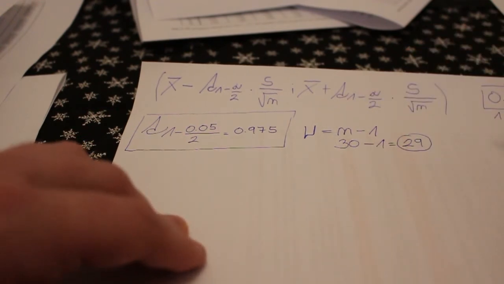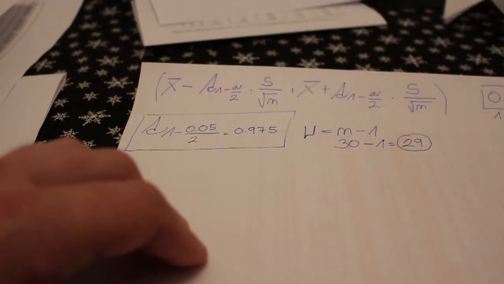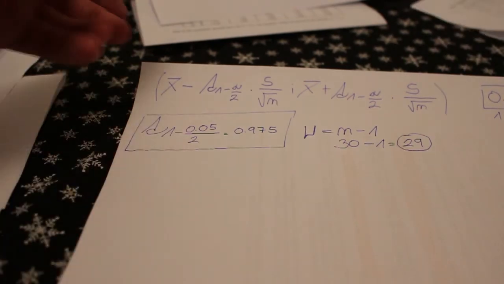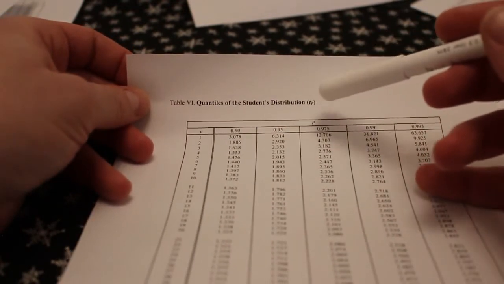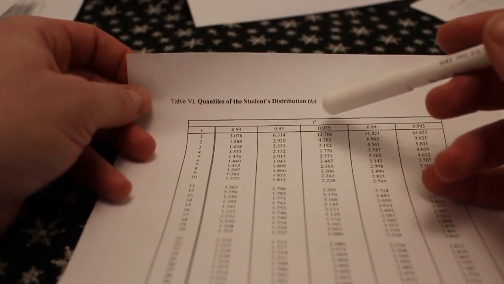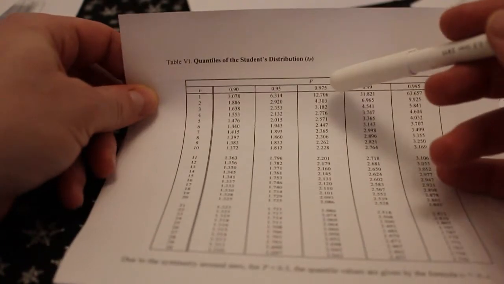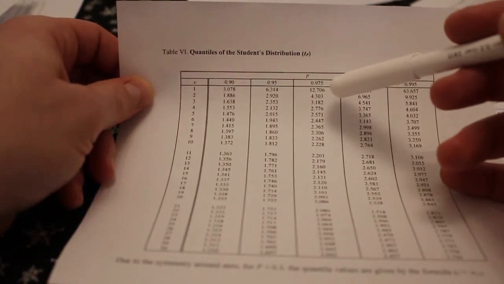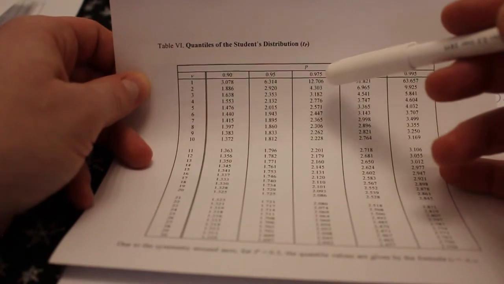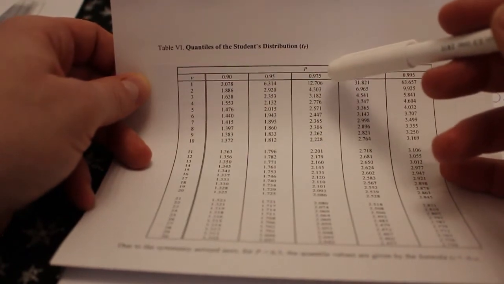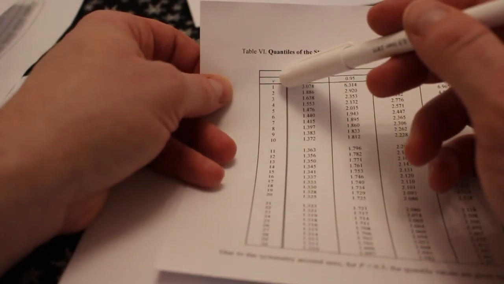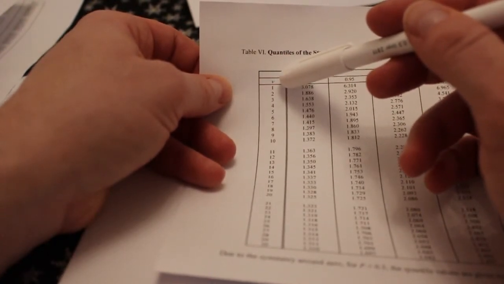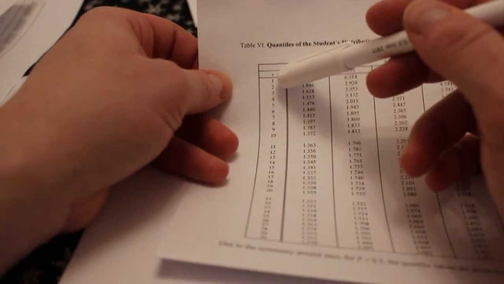Okay, so please check your tables with student t quantiles. Here you can see quantiles of the student's distribution t_p. P value in the middle is 97.5%. And this is not v, this is small Greek letter ni.